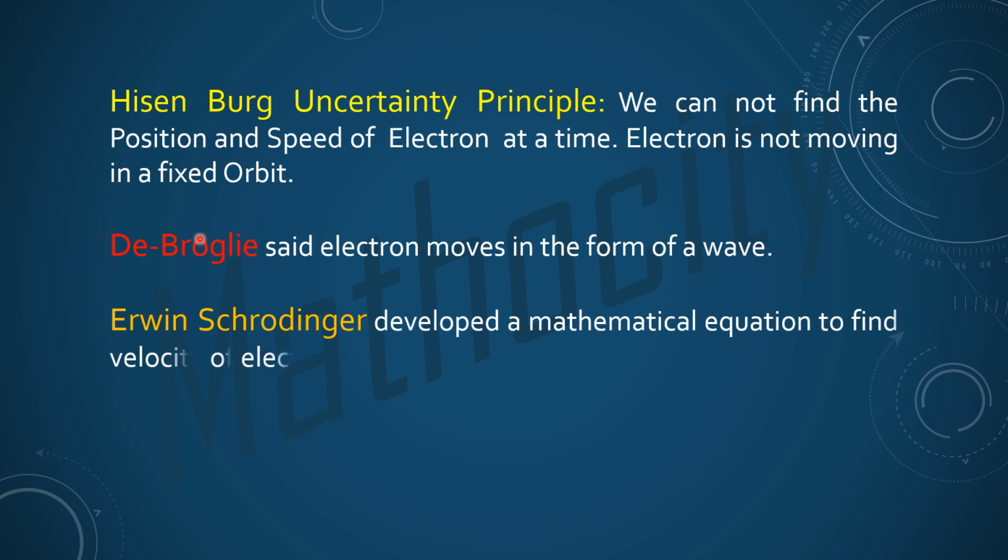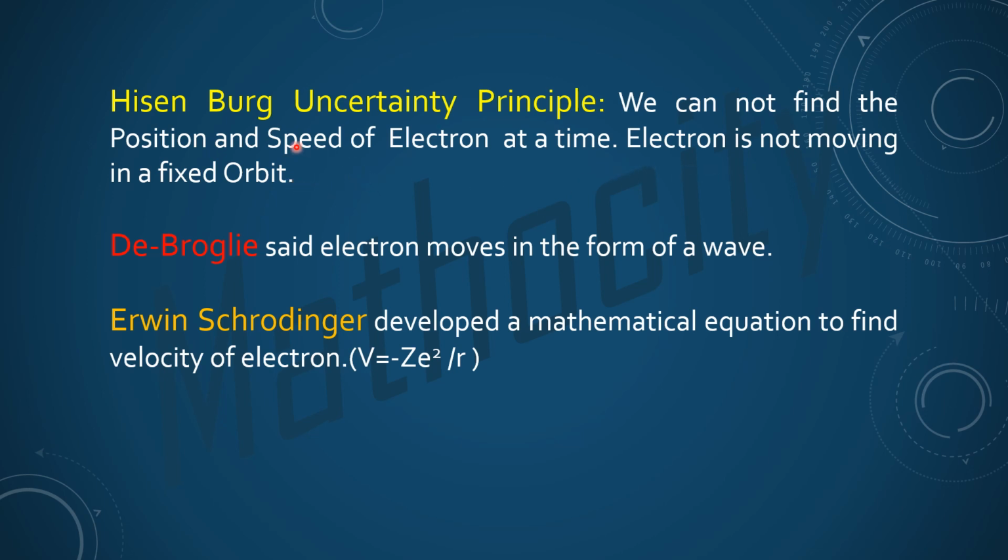As you know, it is impossible to know the position and momentum of an electron simultaneously with absolute accuracy. So many scientists made several attempts to reveal the complete structure of the atom. Heisenberg said that we cannot find the position and speed of an electron at a time. The electron is not moving in a fixed path.